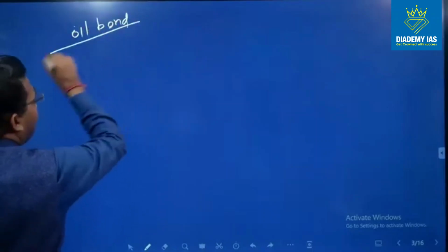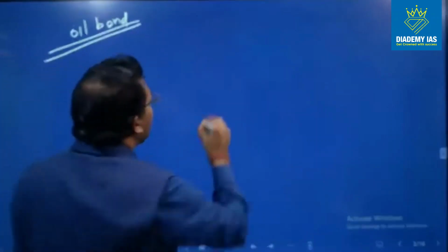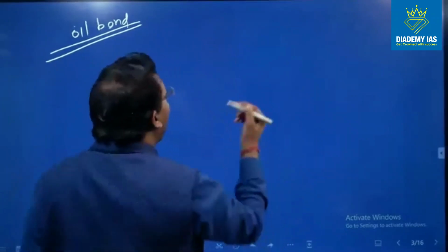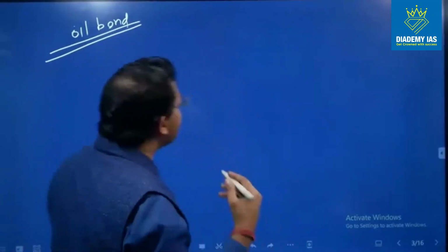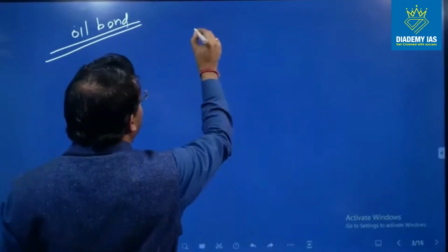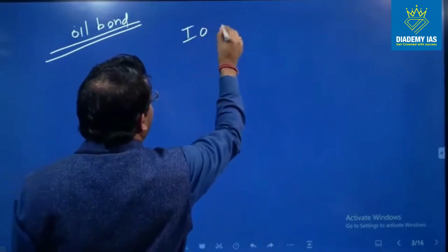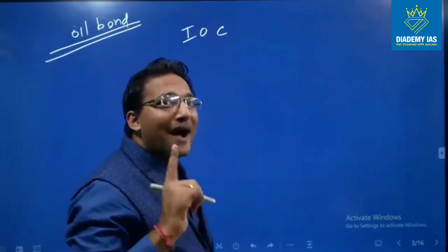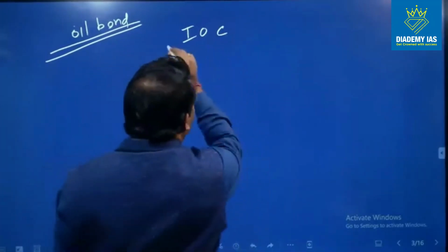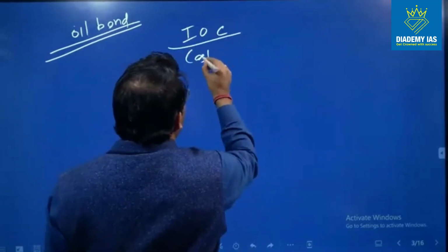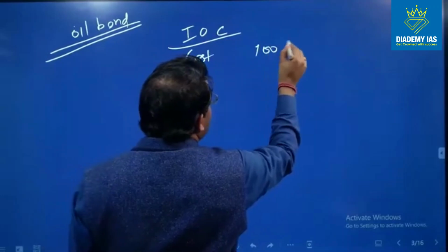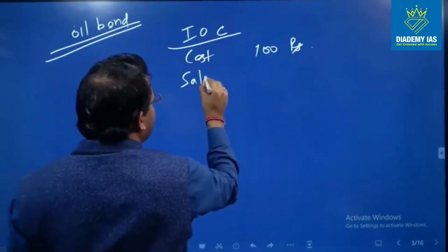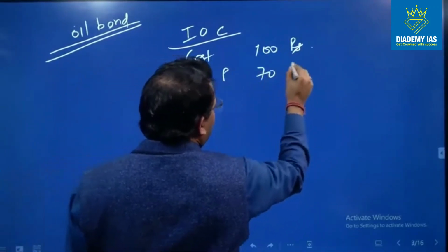Before I discuss this term, you might know that the government provides fuel subsidy. How does this transaction happen? Suppose we have the company Indian Oil Corporation, an oil marketing company. The cost of per liter petrol is 100 rupees, and as per the government rate, the sale price is rupees 70 only.